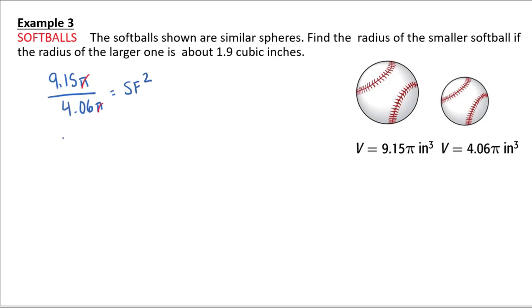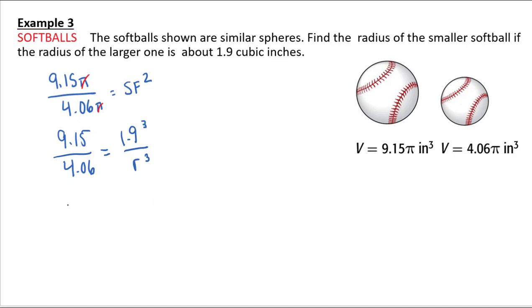So I have 9.15 over 4.06 is equal to my scale factor. Okay, so 1.9 is one radius over the other radius squared. I apologize, not squared, because we're talking about volume. These are going to be the third power.